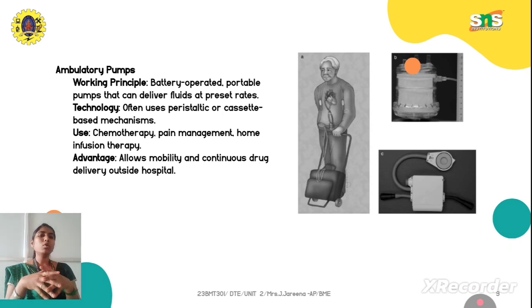The main advantage is that it allows mobility, so you can move from one area to another freely while also having continuous drug delivery, even outside the hospital or at your home. That is the main advantage of ambulatory pumps.